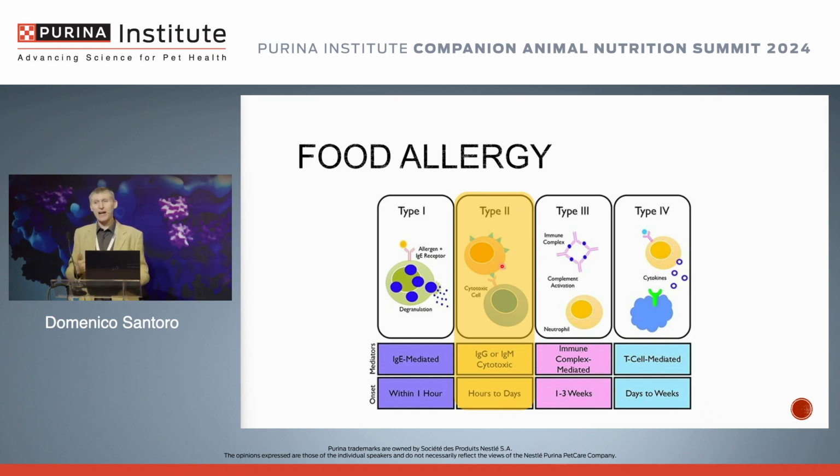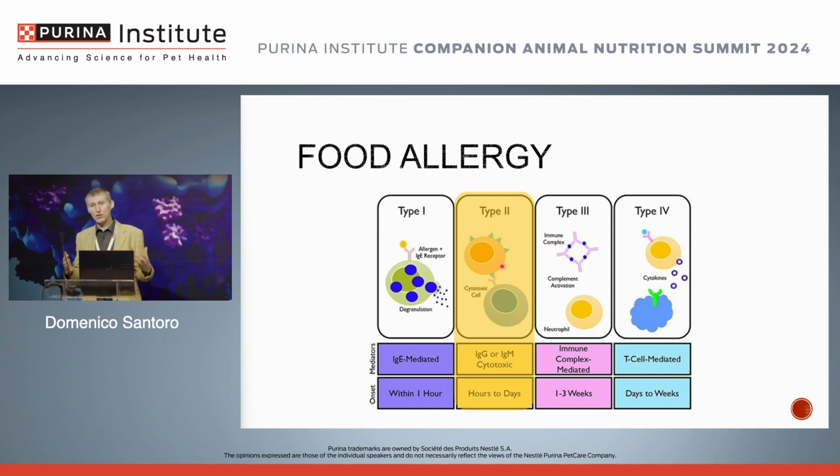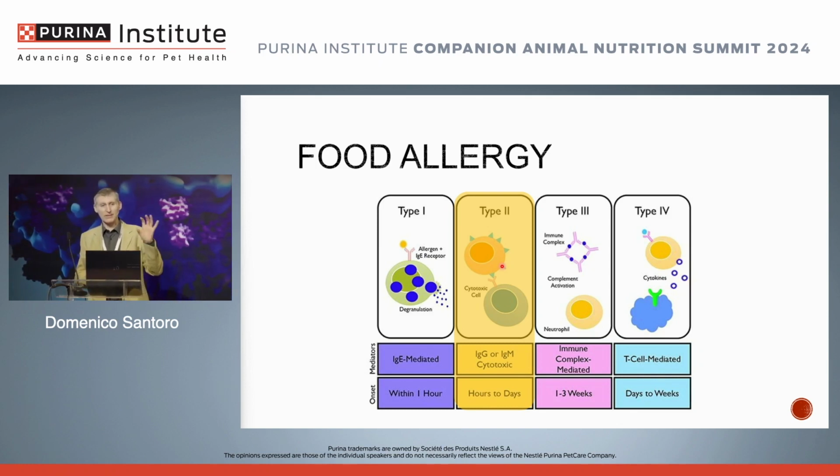In some cases, a type 3 has been hypothesized, specifically in the rare instances in which there is an association with vasculitis or glomerulonephritis, so people were thinking more of immune complex disease in this particular patient. But by far, most of the dogs will be grouped in a type 1 or type 4 hypersensitivity reaction.